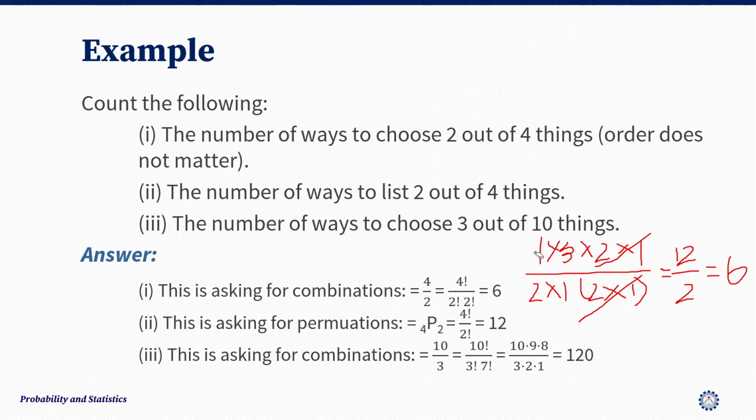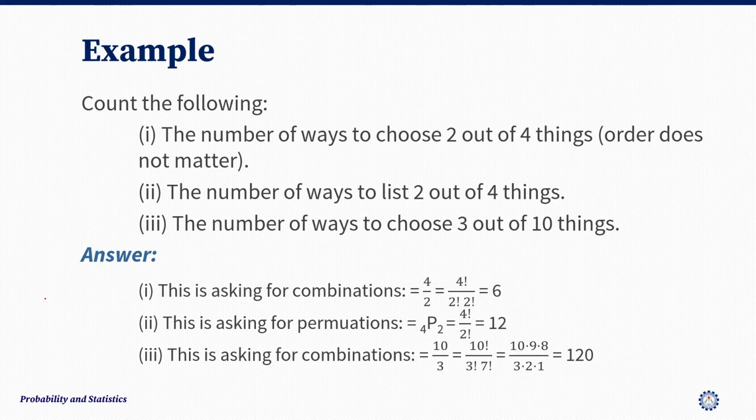The second problem: the number of ways to list 2 out of 4 things. This is asking for permutation. So we have 4 permutation 2, which is equal to 4 factorial divided by 2 factorial, which is equal to 12.